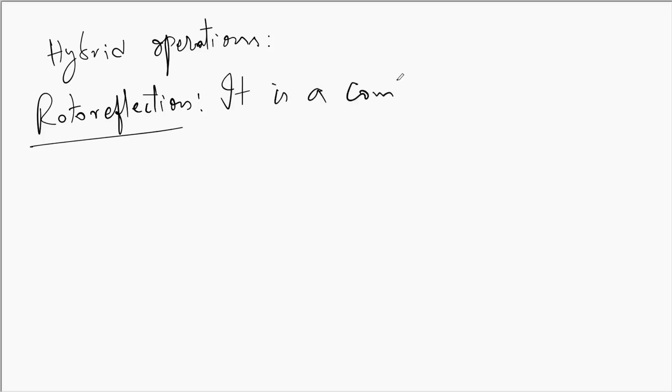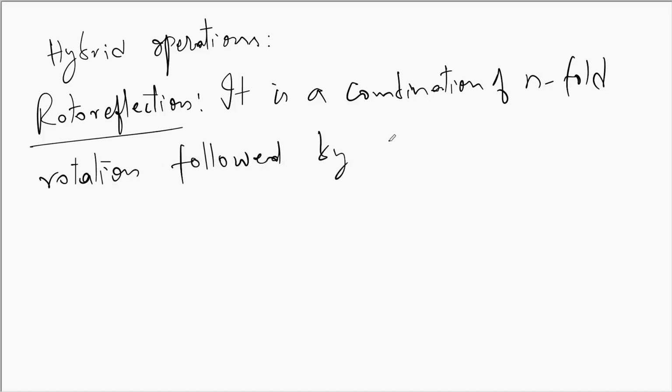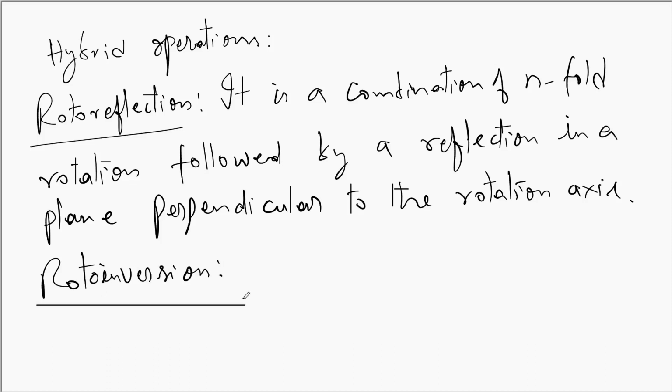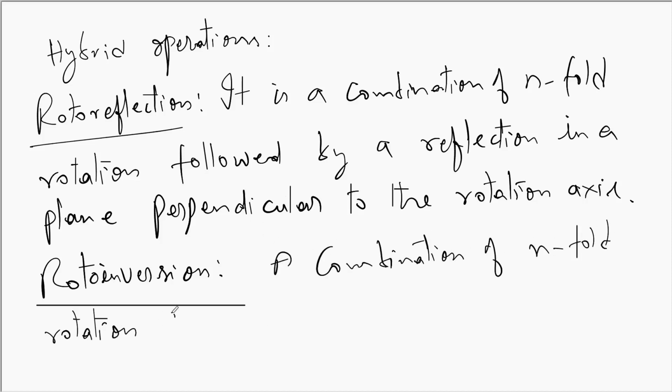The second hybrid operation we discuss is roto-inversion. This is a combination of n-fold rotation followed by an inversion.